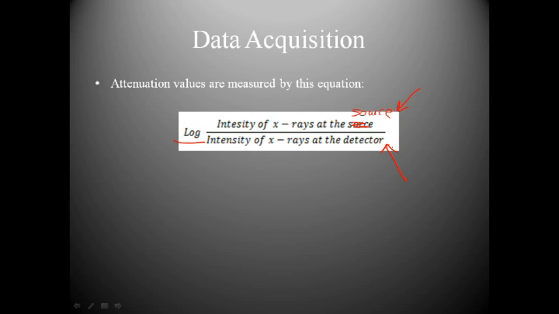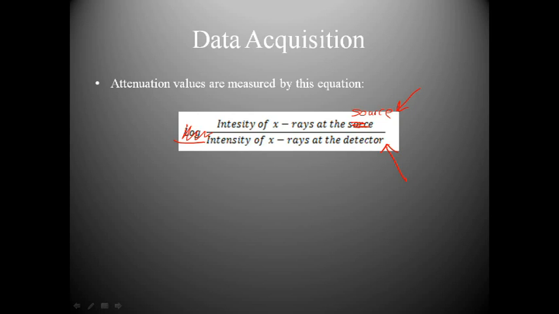And so basically, if you disregard this log for a second, and you take the X-rays at the source divided by the X-rays at the detector, you're going to get some type of number. You can't have more X-rays at the detector than at the source, and so you're going to get usually a whole number, and then you take the logarithm of that.